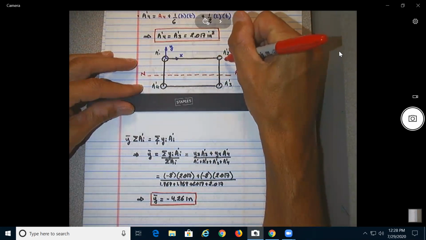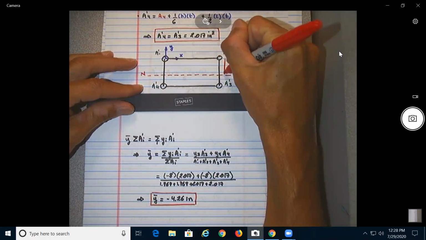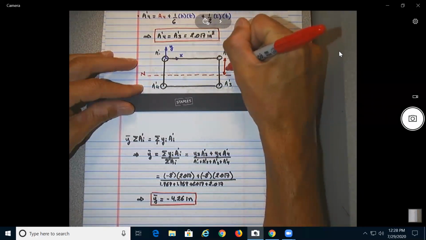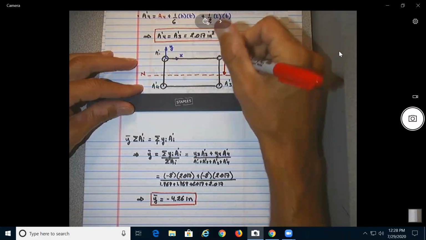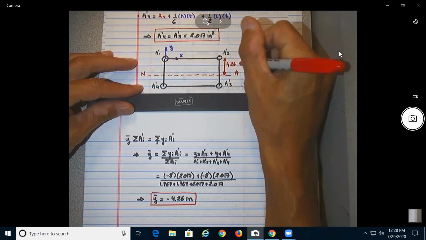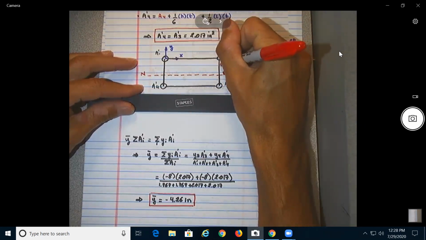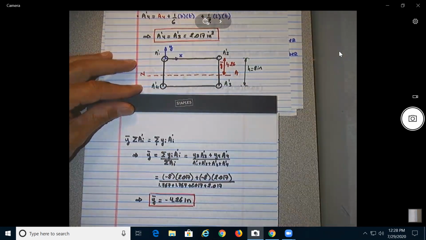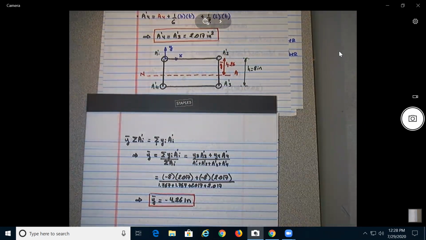What is that distance? That's the distance over here, which is 4.26. No, this will be the y bar.